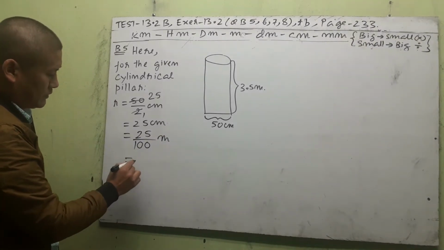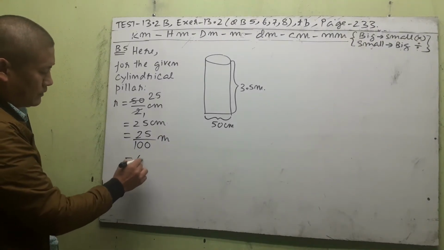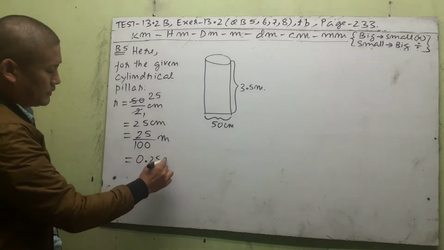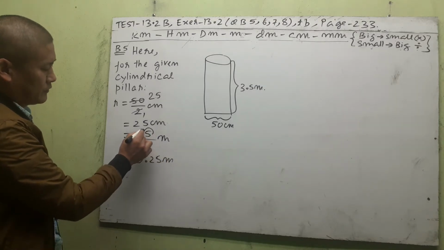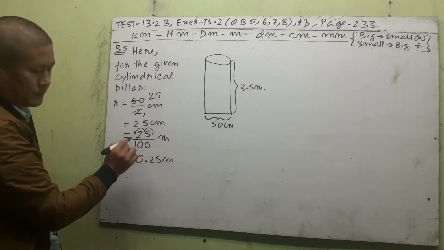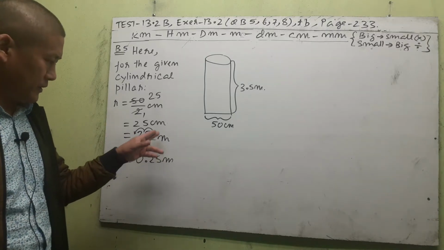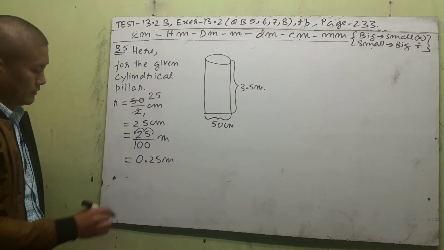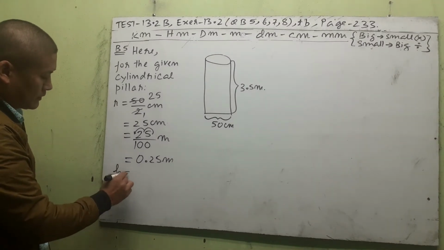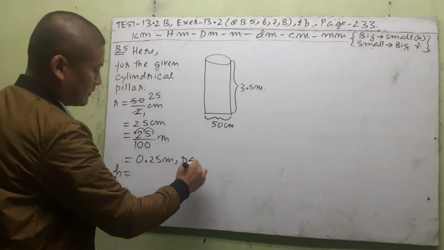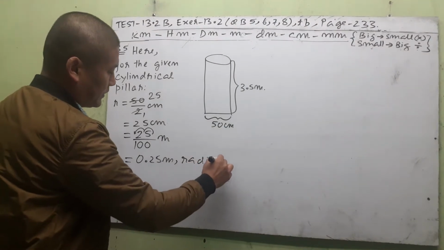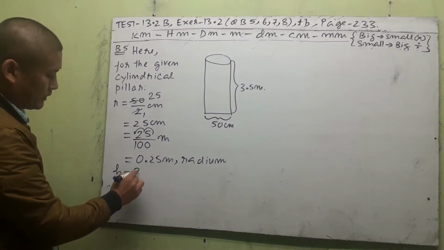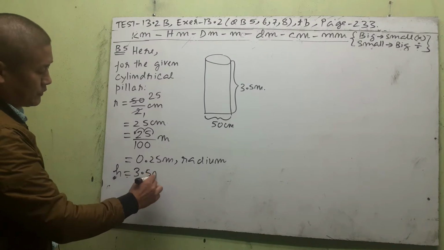So that will give you equal to 0.25 meter. Decimal can be moved 2 places to the left, because dividing by 100 means decimal moves left, multiplying moves right. So next, this is the radius of the pillar in meter, and the height of the pillar is already okay, 3.5 meter.